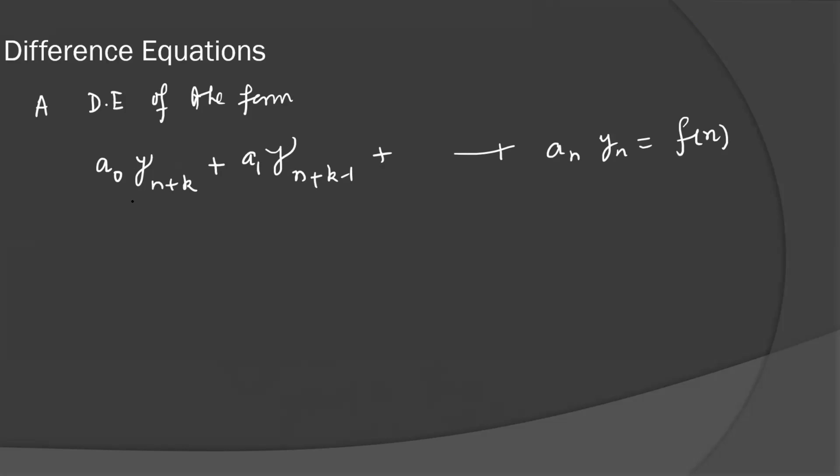See here, this is the difference equation I am writing. A naught, a1, up to a_k are constants. This is a linear difference equation.